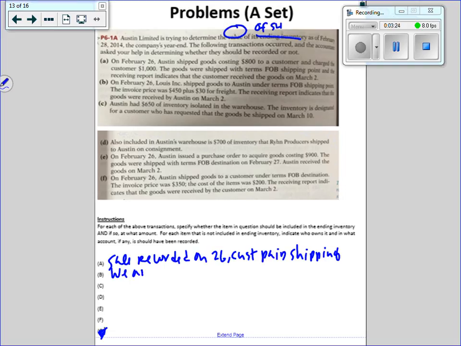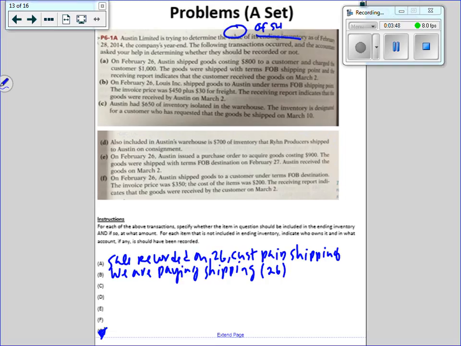We are paying shipping, which was on the 26th. We owned them, even though we didn't get them till the next fiscal period. Okay.